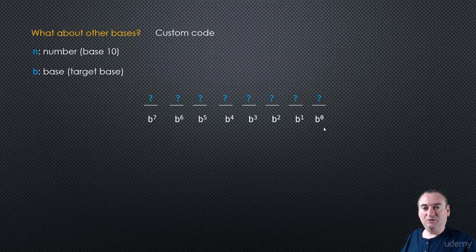And remember, in bases we have b to the 0, b to the 1, b to the 2, etc. So these are the slots. And we just want to know what to fill in for each of those slots for that number n. Like 10 in base 10 was 1010 in base 2. So that's what we need to try and figure out.